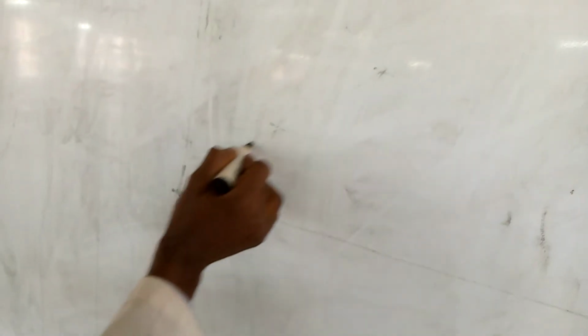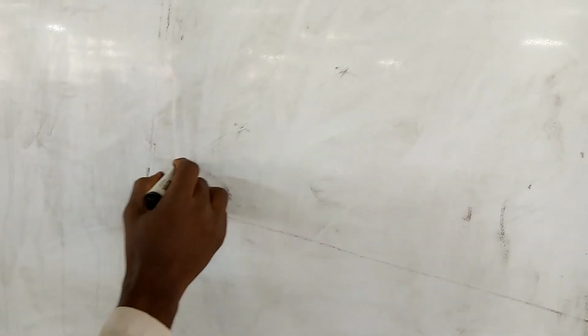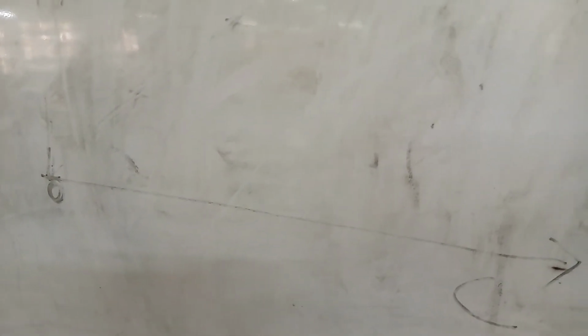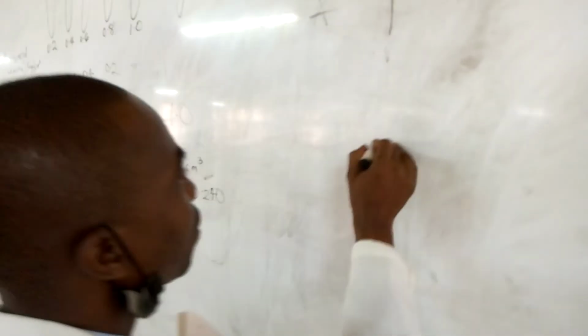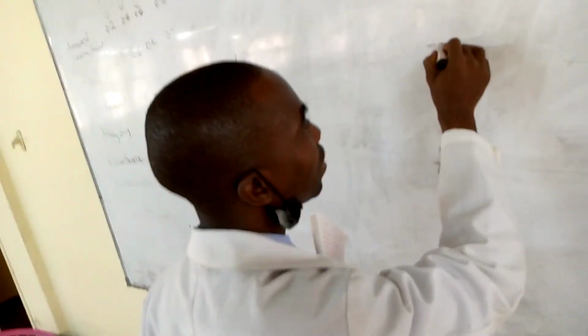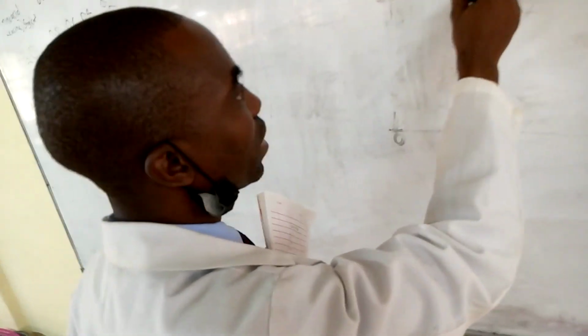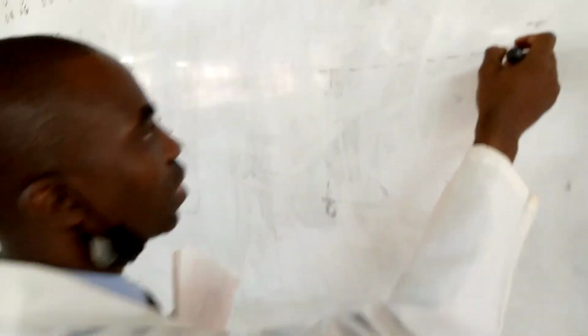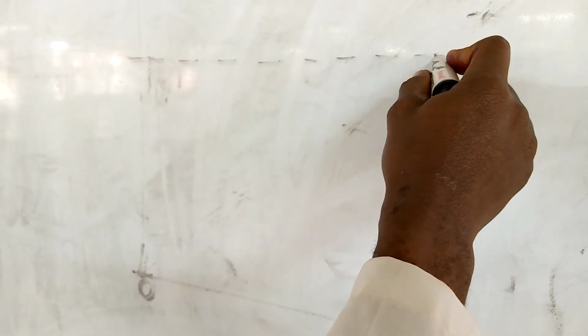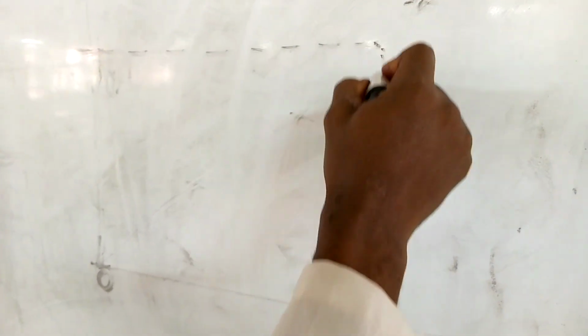When we get a straight line, we can now take the value of the absorbance reading for the unknown, let's say somewhere around this place, and then extrapolate, that is, trace it down to the concentration axis.